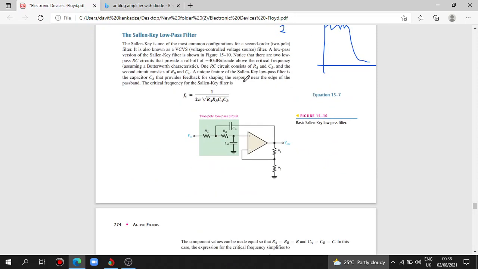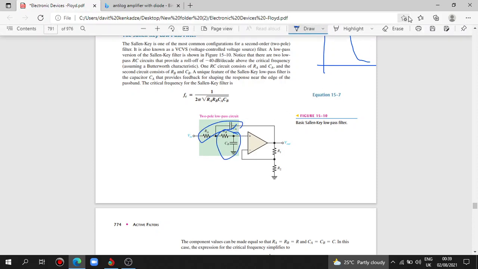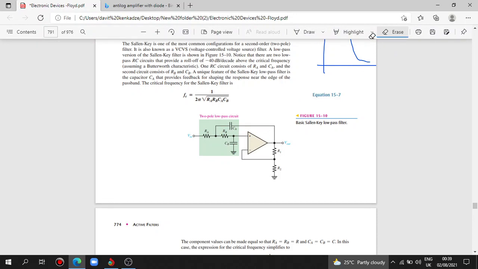The Sallen-Key is one of the most common configurations for a second order, two pole filter. This is second order because we have two pairs of capacitor and resistor. It is also known as a voltage controlled voltage source filter. The low pass version of the Sallen-Key filter is shown.